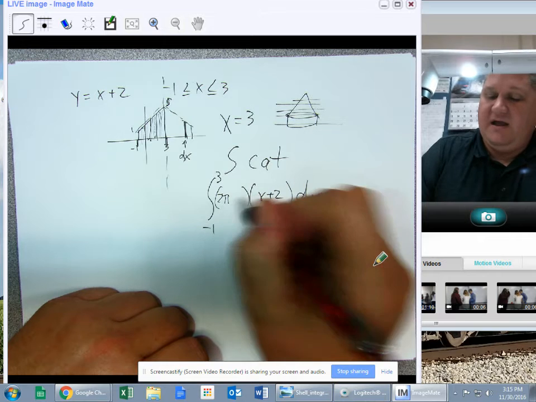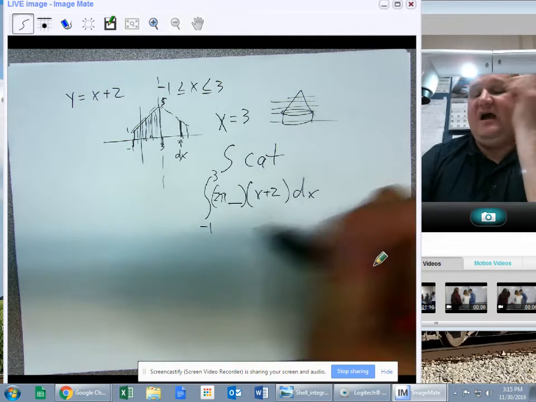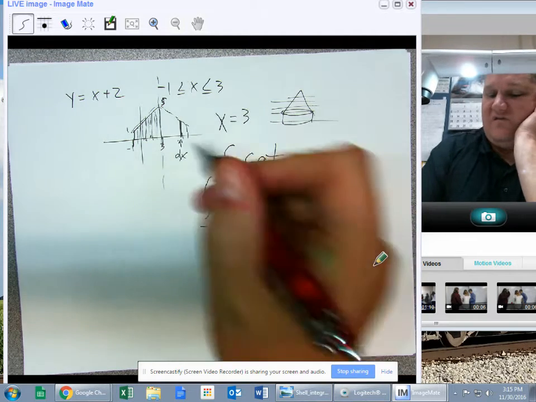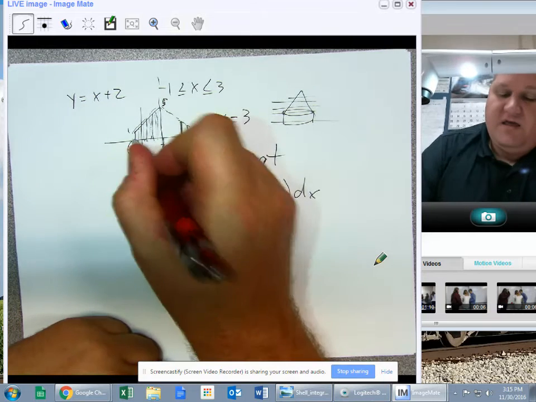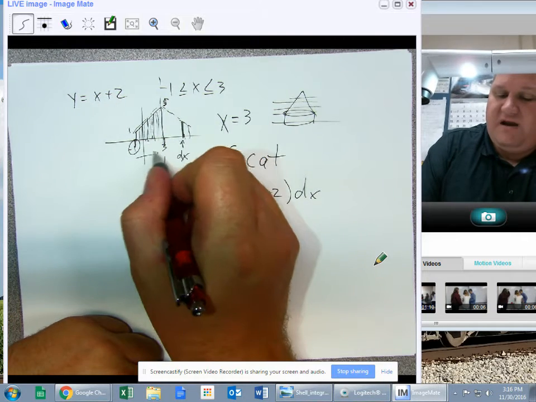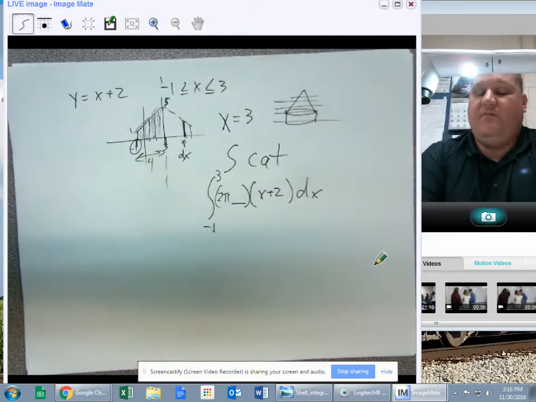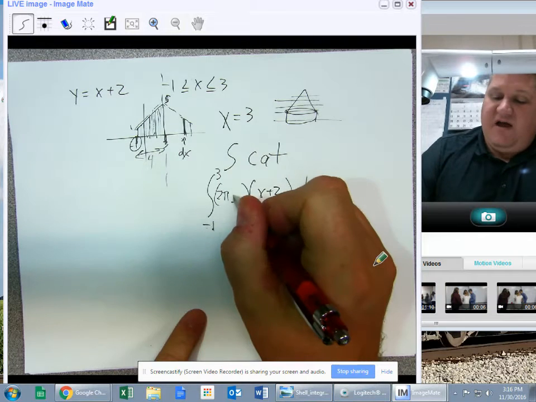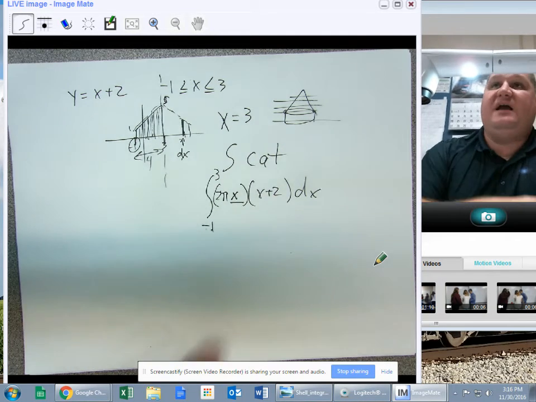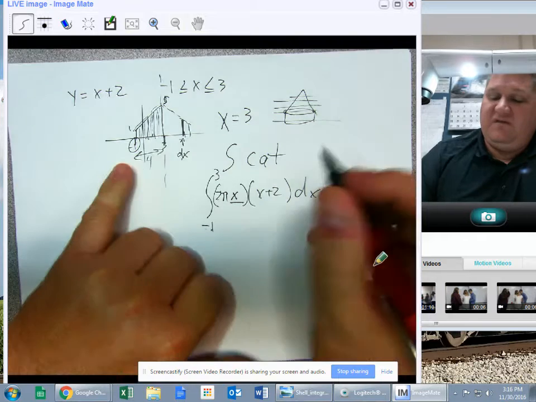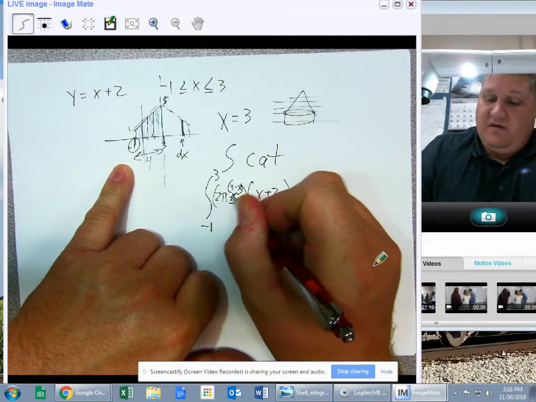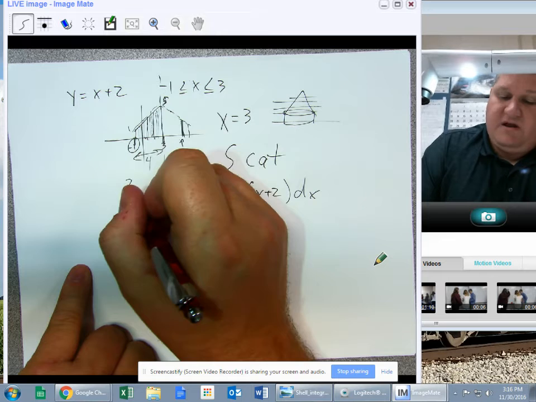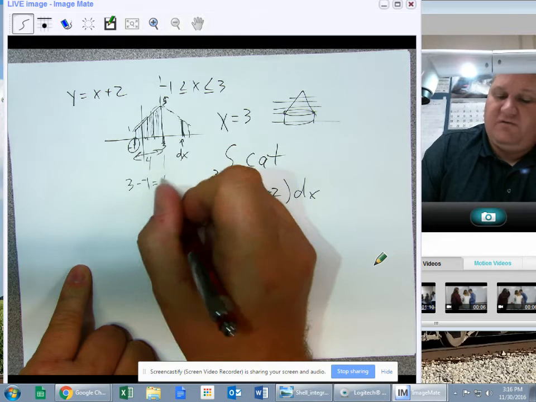Well, 2 pi, and I need radius. Now, this is where your radius gets challenging. If I start at negative 1, I actually want the entire radius to be 4. So if I just type in x, that's negative 1. But if I say 3 minus x, that would be 3 minus negative 1, which equals 4.